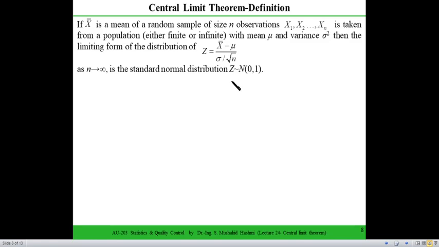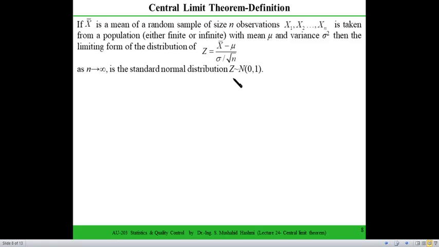Let's say whatever population you have, if you take a random sample and you calculate the mean, and now you are plotting the distribution of the mean, it would look like a normal distribution, with the mean being mu and the variance sigma square over n, or standard deviation sigma over root n, and this z value would be following a standard normal distribution.